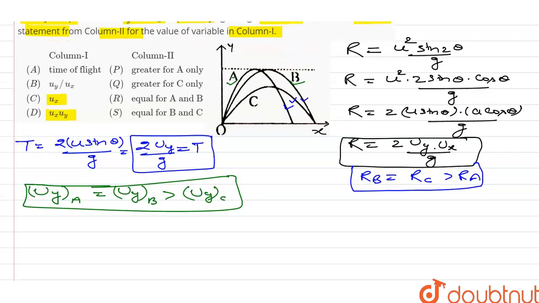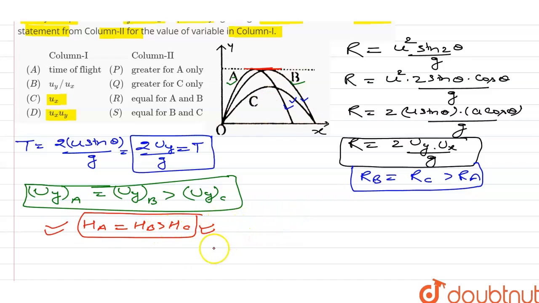Now, after all this, we can conclude that height of A is equal to height of B, which is greater than height of C. This can be written from the given diagram. In the diagram, it is clear that A and B are going up to the same height, and C is less than A and B. So HA is equal to HB, greater than HC.